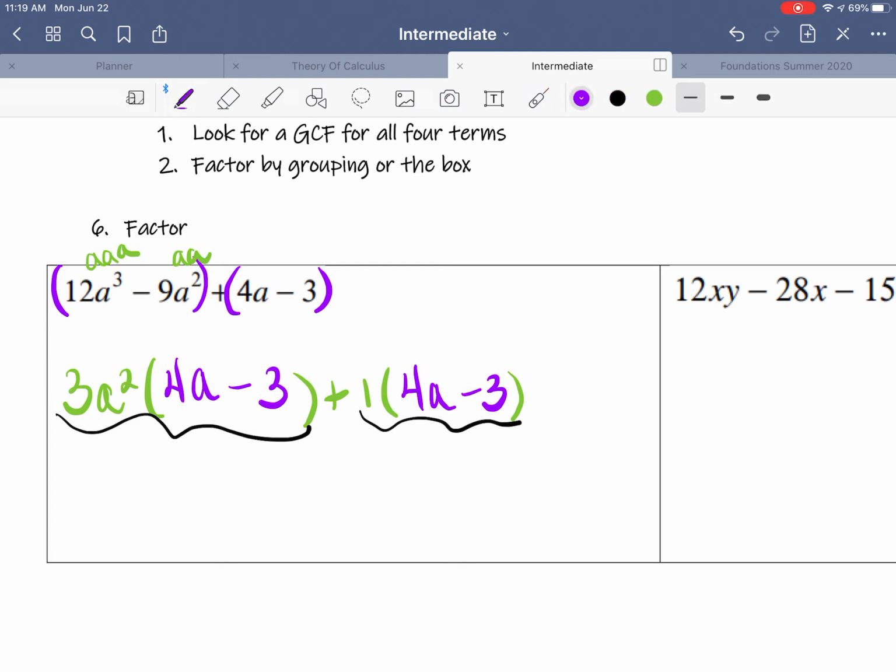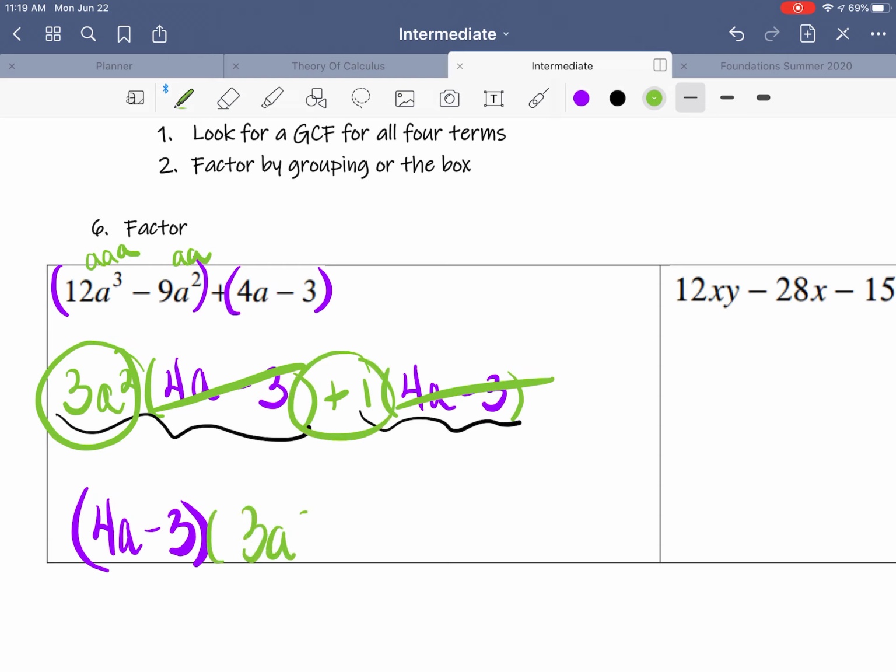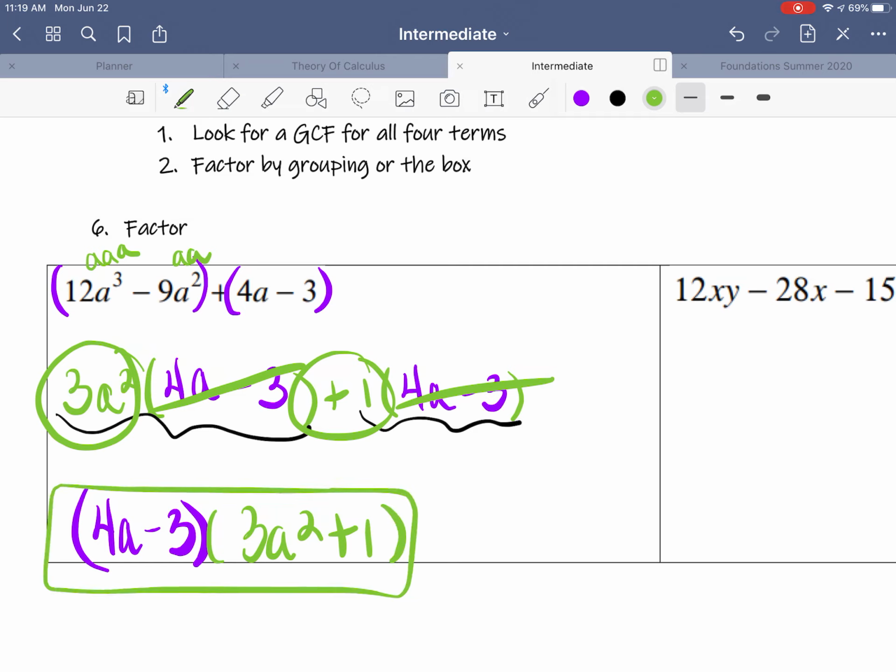So let's pull that out front. And if we pull that out, you write what's left over. And that's factored. In future lessons, you would check to make sure that this does not factor, and I will tell you it does not, so it's done.